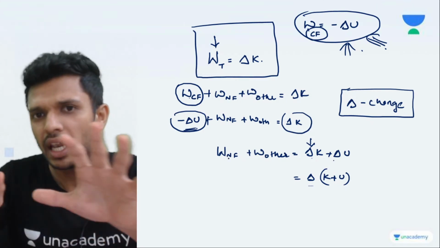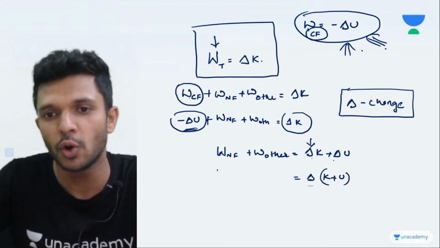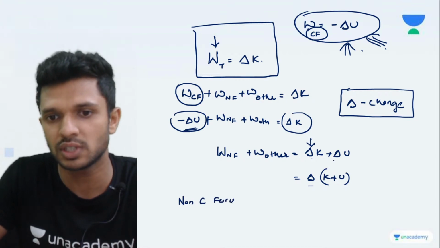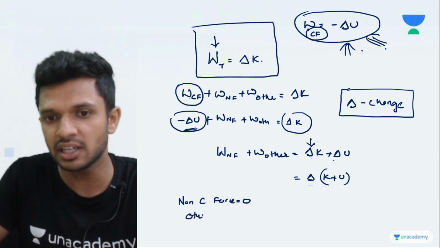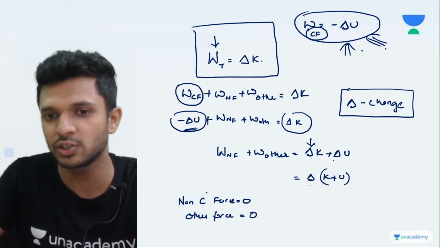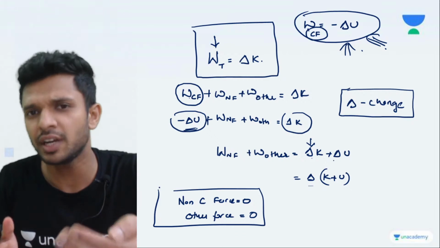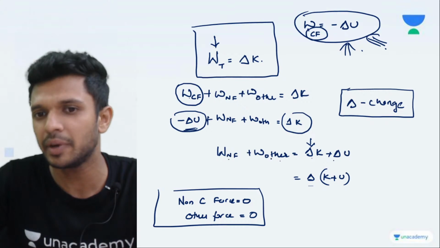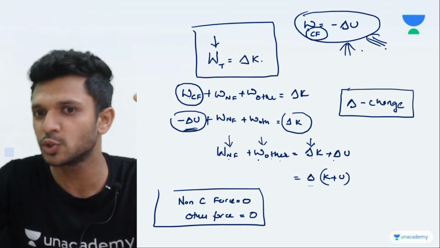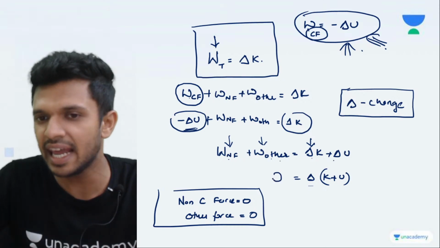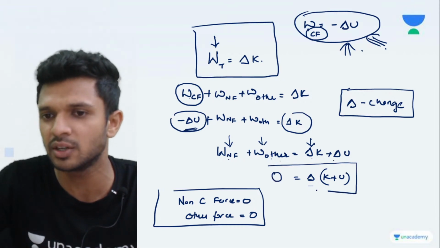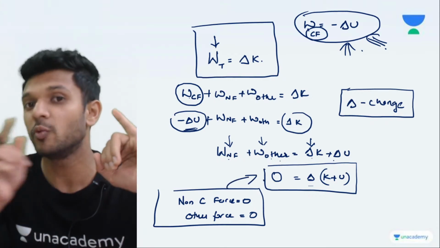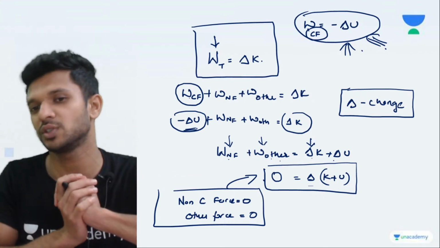Now, let's say that there are no non-conservative forces acting, which means non-conservative force acting on the body is equal to 0. Other force acting on the body is also 0. If both are 0, what will happen? The work done by each of them will also be 0. Yes or no? Which means the left hand side of the equation will be equal to 0 once this condition is satisfied, when non-conservative force is 0 and other force is 0, right?